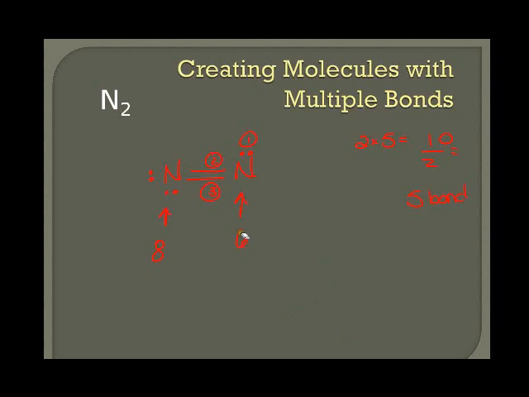Not happy still. So we're going to take another pair of electrons away and share it between them. This now gives both nitrogens 8 valence electrons. So nitrogen is an example where we see those 3 lines telling us that we created a triple covalent bond.